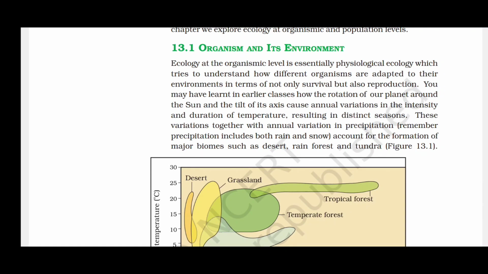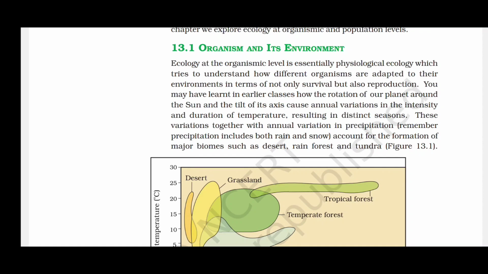You may have learned in the earlier classes how the rotation of our planet around the sun and the tilt of its axis cause annual variation in the intensity and duration of temperature, resulting in distinct seasons.